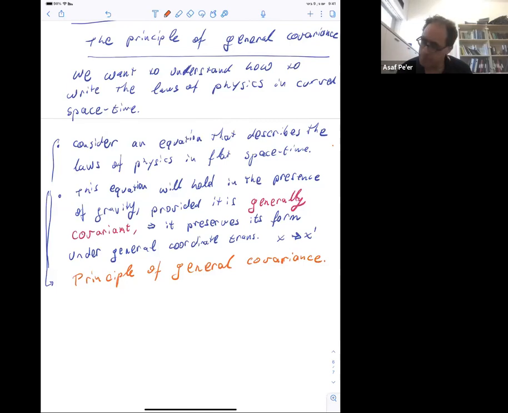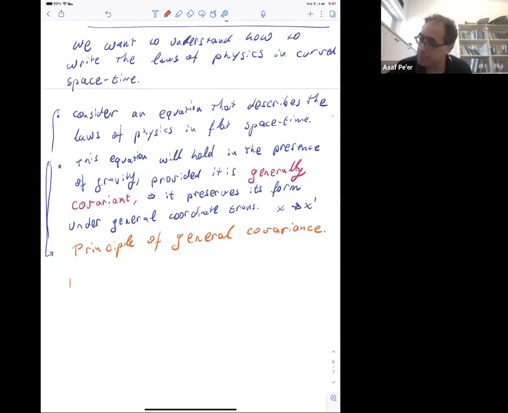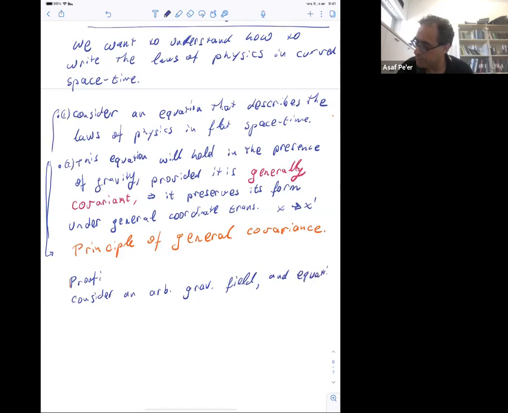So, proof. Consider an arbitrary gravitational field, and an equation that satisfies conditions 1 and 2.